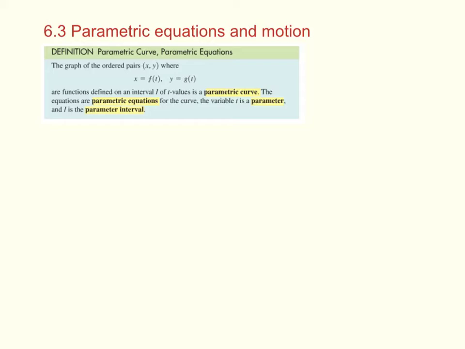In order to do that, we add in a third variable, t, which is considered the parameter of the function. And we will typically evaluate these functions over an interval I of t values.